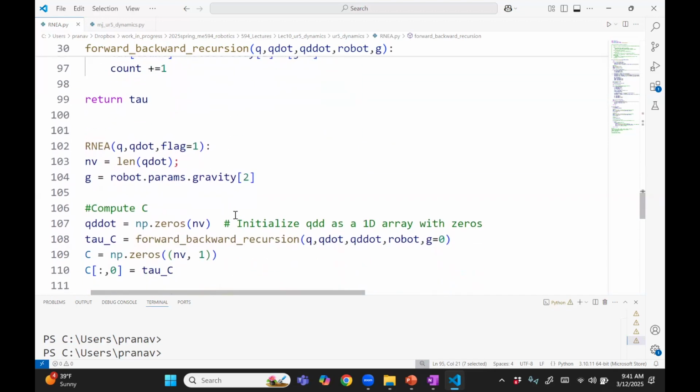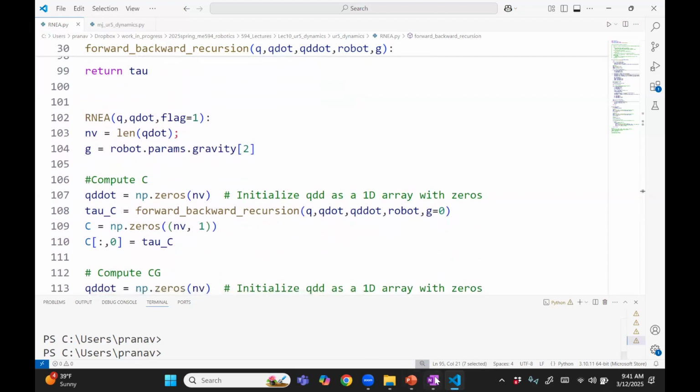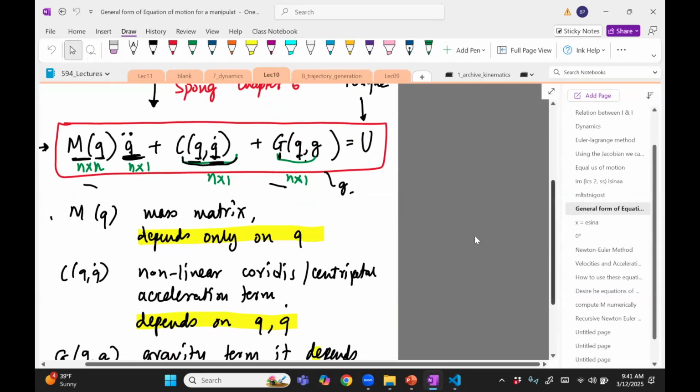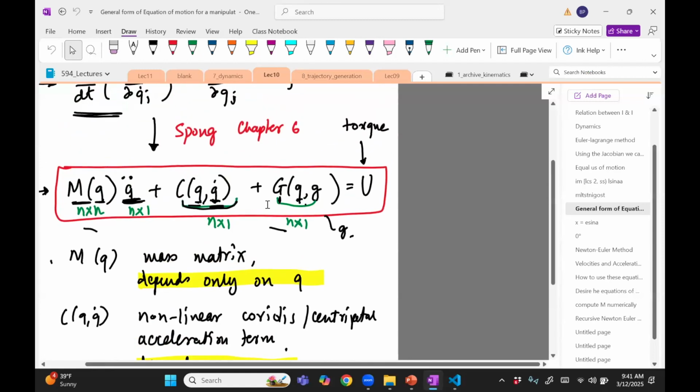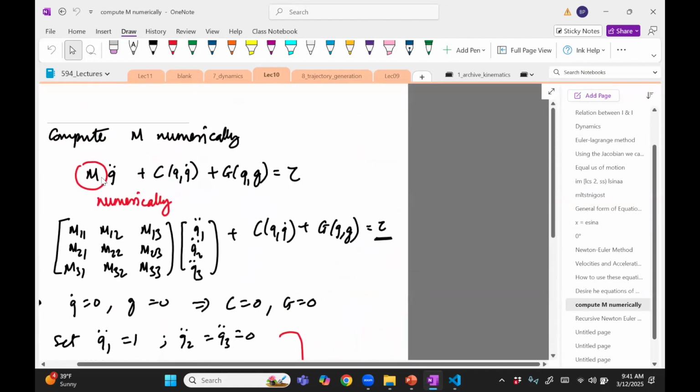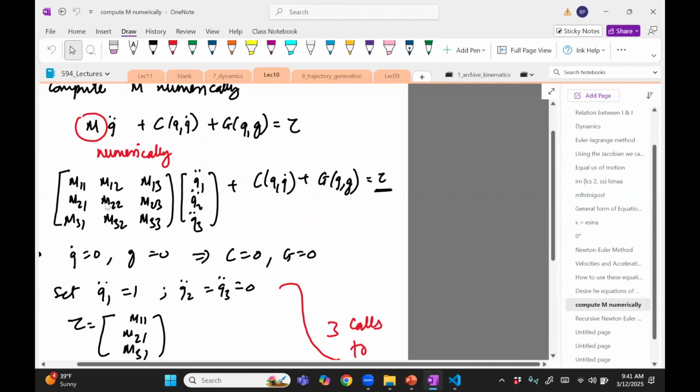I need to actually call that repeatedly. The way I need to do this is by exploiting the fact that the equations look like this: M(q) q double dot plus C(q, q dot) plus G(q), and I need to compute M numerically. This is what the equations look like with a 3 degree of freedom manipulator, which I showed, but this will be 6 numbers here.